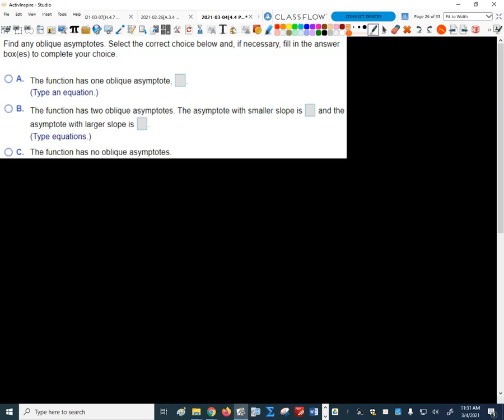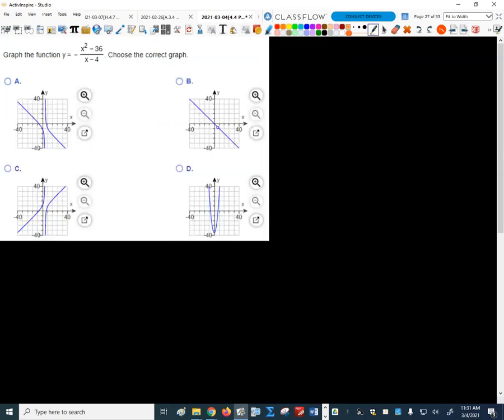Slant asymptotes, no, we didn't have any, and I think that's it. This is a different function, so I don't know what's going on here. You would pick the one that's the right graph. None of these apply.